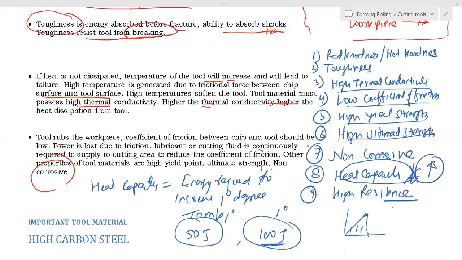By the definition, it is very clear. It should be low.